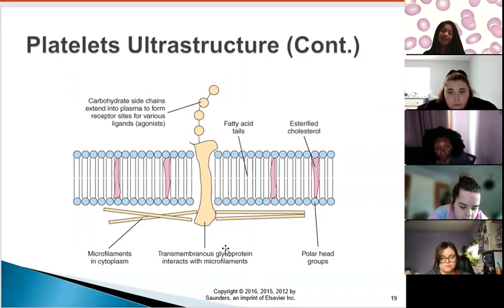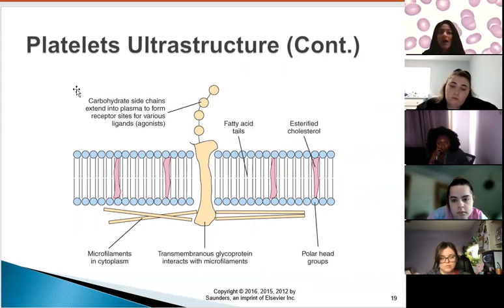And so nothing would fall into place. So the membranes have, obviously, you know what the membranes look like. Typically, you have the fatty acid tails with the polar head groups. You have the esterified cholesterol. You have carbohydrate side chains that extend into the plasma to form certain receptors.